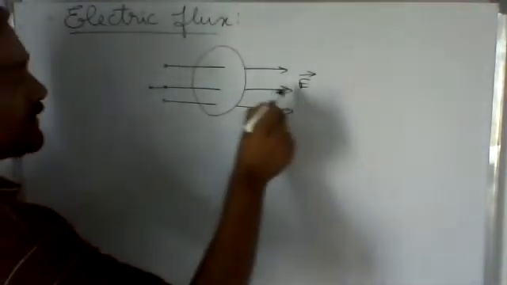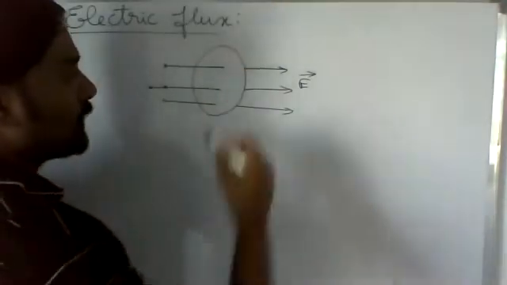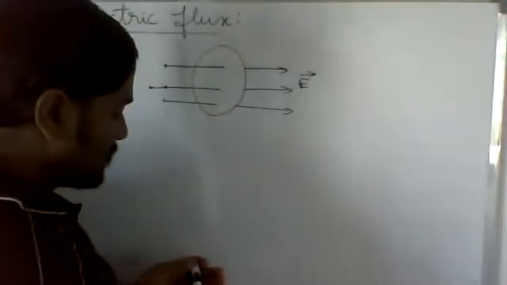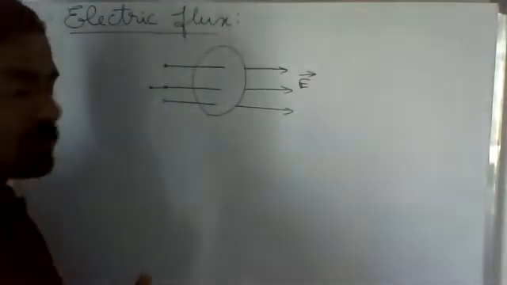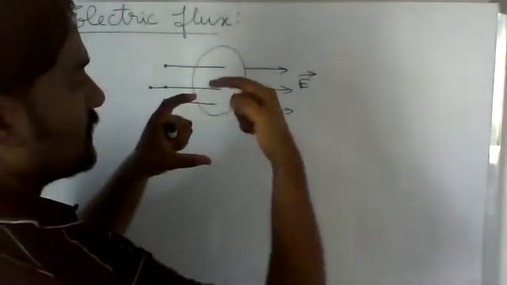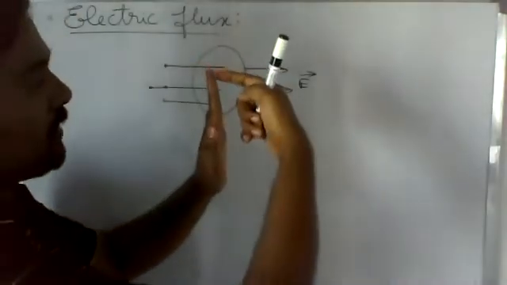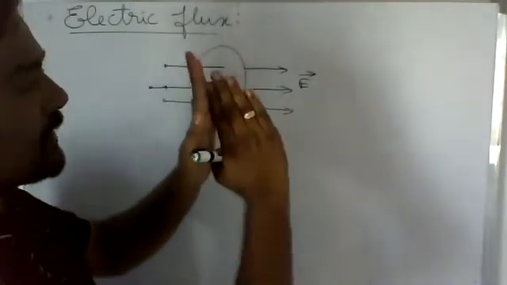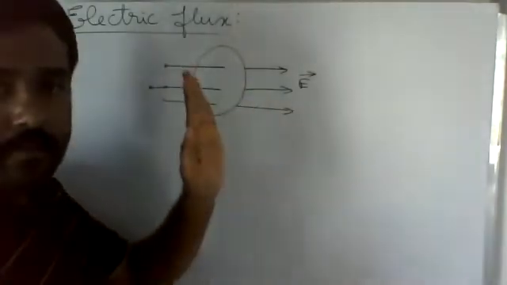So this is the direction of electric intensity. Actually, this is a circular disk. Half of the disk is directed away from the plane of the board, and the remaining half is directed into the plane of the board.